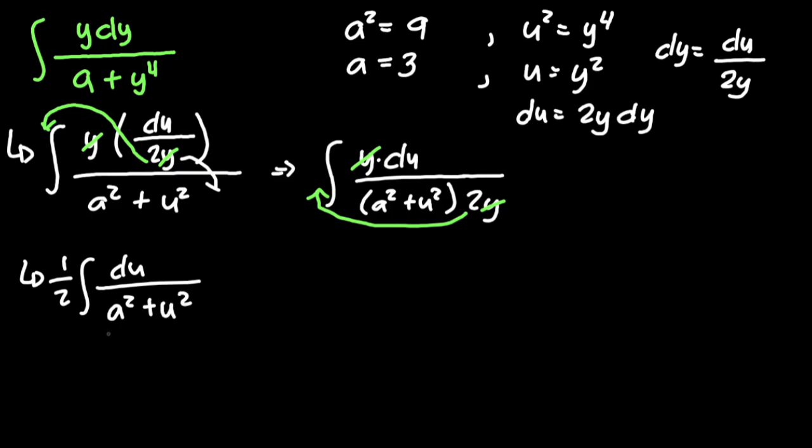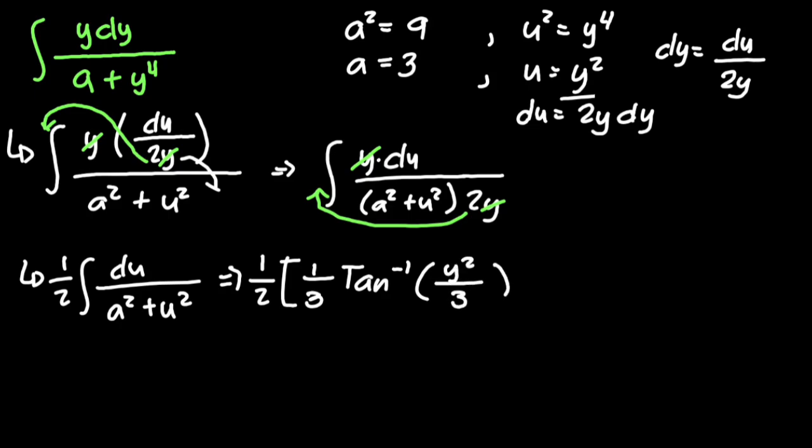Now, this is for the formula number 2 I gave earlier. So the answer right here would be 1 half multiplied by 1 over a here, which is 3, arctangent multiplied by u, in this case y squared, over a, which is 3, plus c.